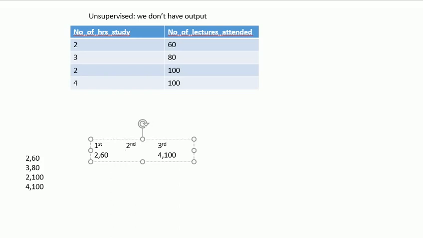3 80 can either go into the first one or the second one, and 2 00 can either go into the first one or the second one. Because the value is greater than 2 60, I am putting 3 80 here, and the last value, 2 00, I am also putting under the second cluster.